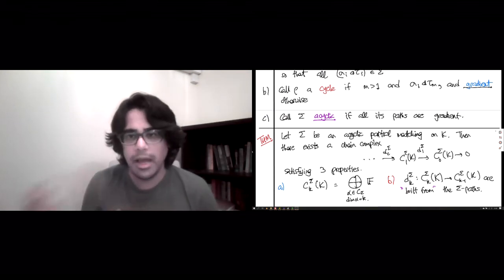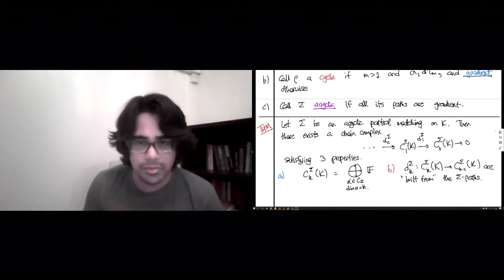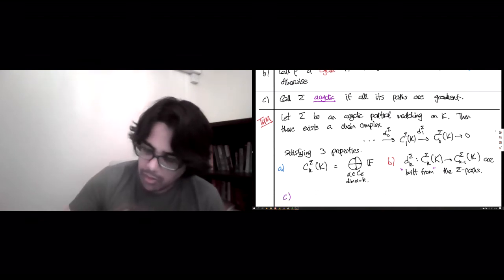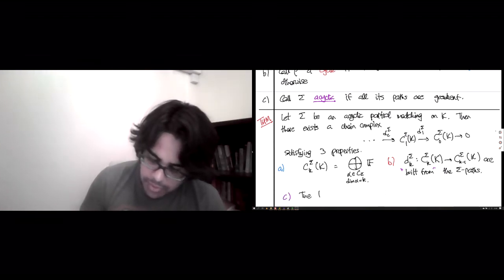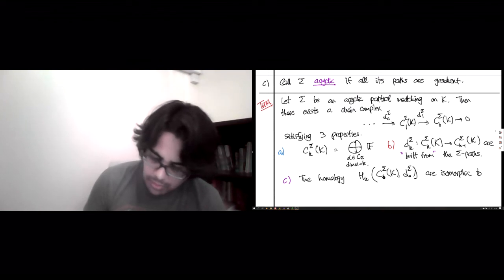So to know what the boundary is, you have to know the structure of the sigma paths, those arrows that we were chasing down in the pictures a little bit earlier. And of course, none of this would be useful without property C, which is that the homology groups of this special chain complex, C sigma, are isomorphic to those of the simplicial complex K.